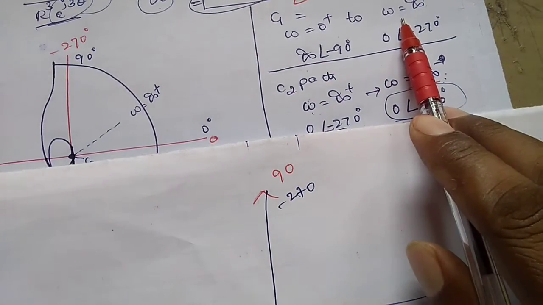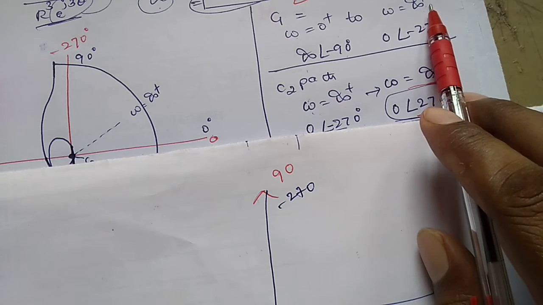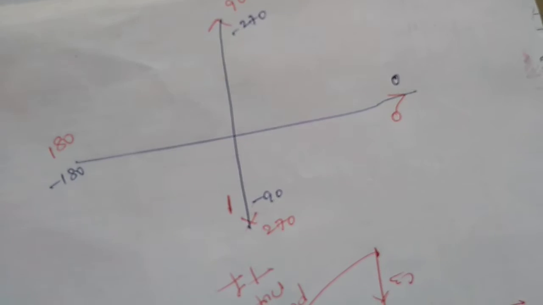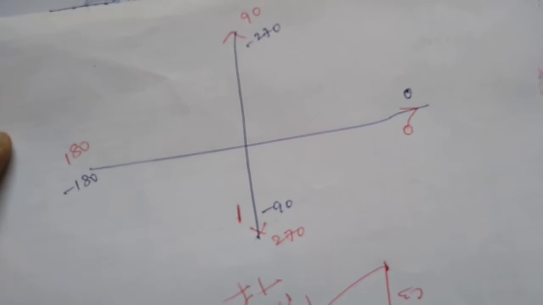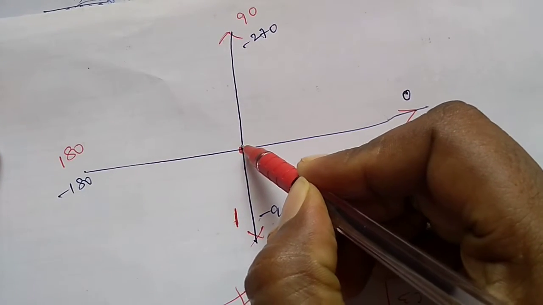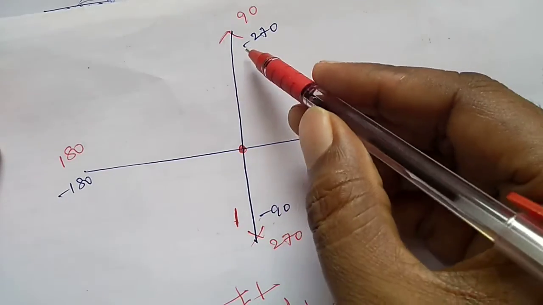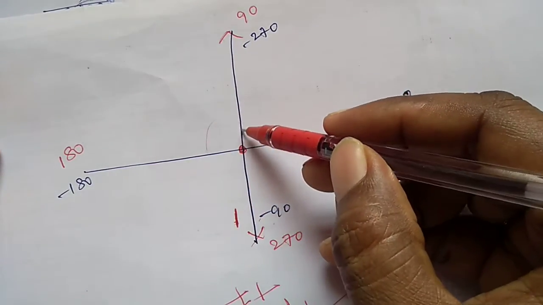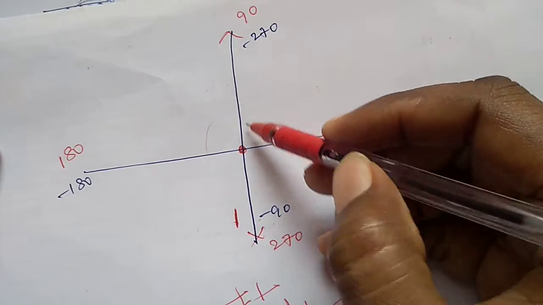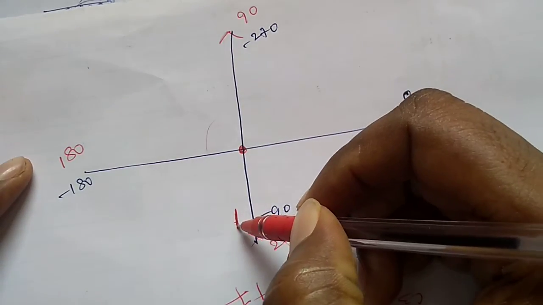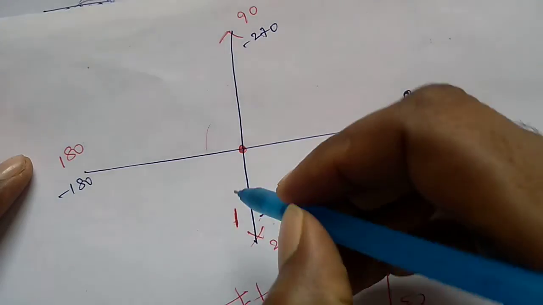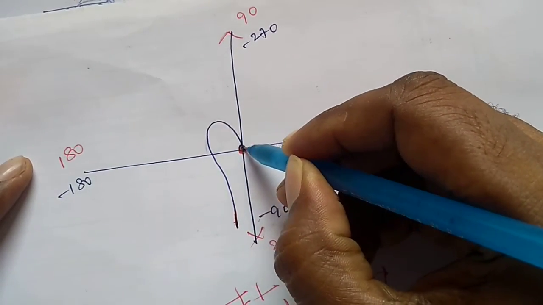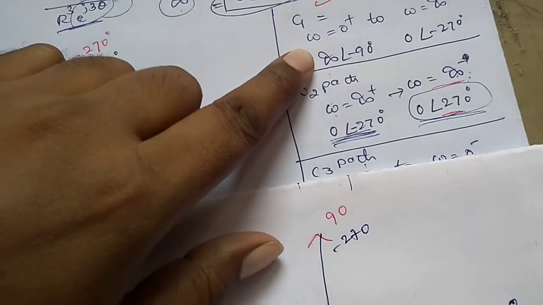Then omega equal to infinity plus means 0 at an angle minus 270. This is the 0, magnitude is 0 at an angle minus 270, and this is the trajectory. The path meets the minus 270 axis. If you draw the graph, you get it like this. Okay. This is the C1 path.